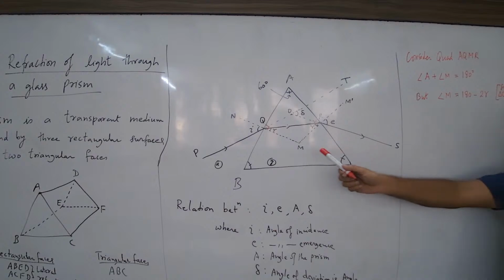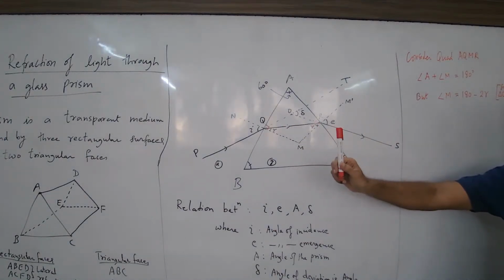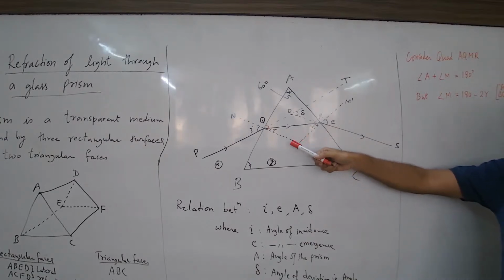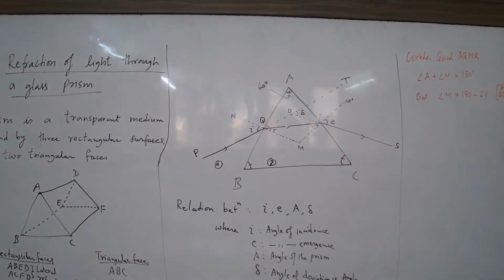So what is angle M? This angle plus this angle plus this angle is 180, right? Okay, so 180 minus 2R will be this angle. Is this clear? So this is 1.